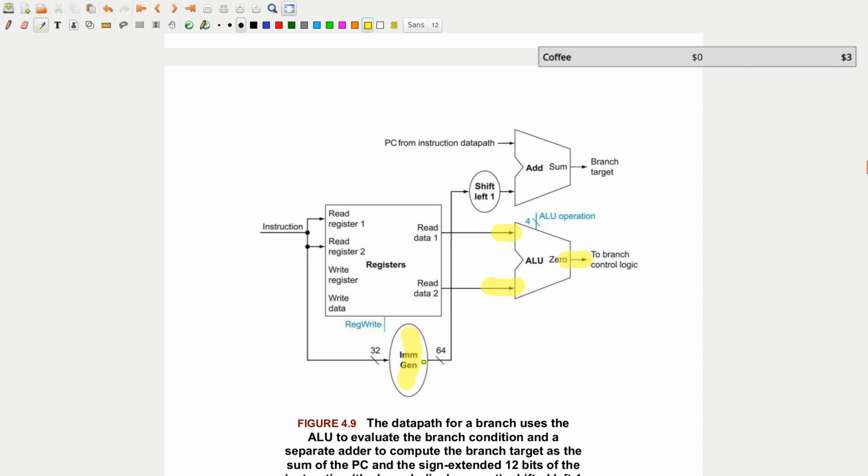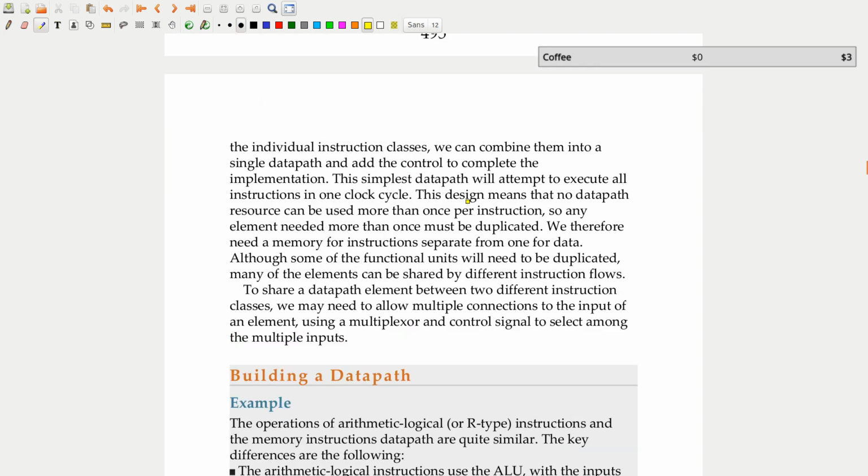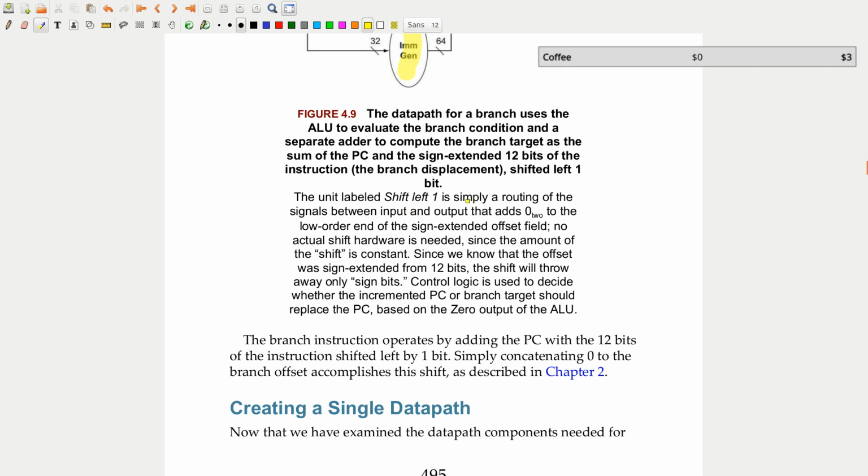But over here, we're going to take this immediate value and add it to the current PC value to find where the branch target is, so the target address or the target instruction we want to go to if this is 0. And then this is going to tie into our original data path, which we saw previously, and we'll probably see it again.